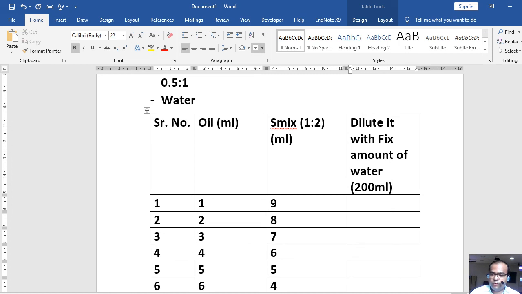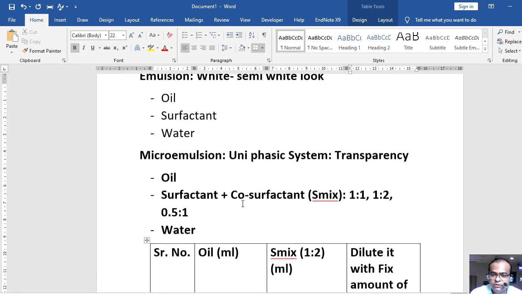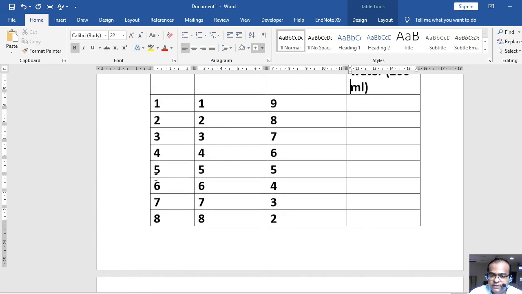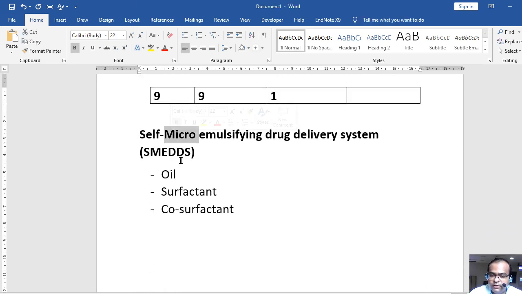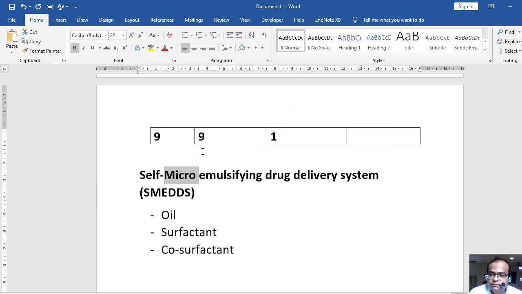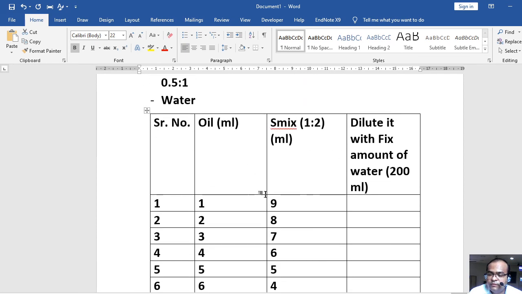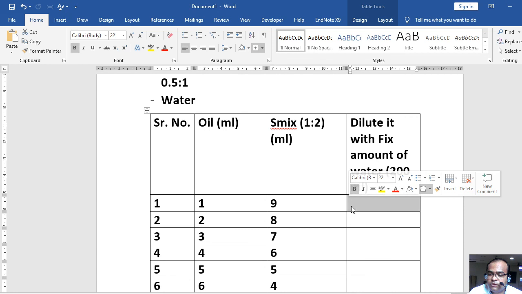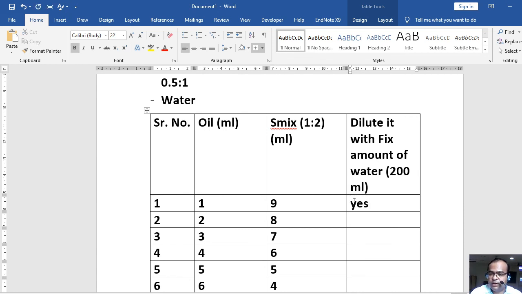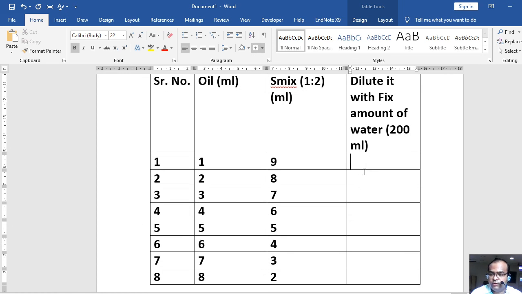And you know the characteristic of SMEDDS or SEDDS is, if it is a SMEDDS it must be transparent, and if it is just a SEDDS, meaning just emulsion, it might be milky white in look, whatever it is, but it must get emulsified just by mixing with the water, right? So if we are getting a completely transparent or self emulsifying composition, then we will put it as a yes, and if we are not getting it, then we will put it as a no.